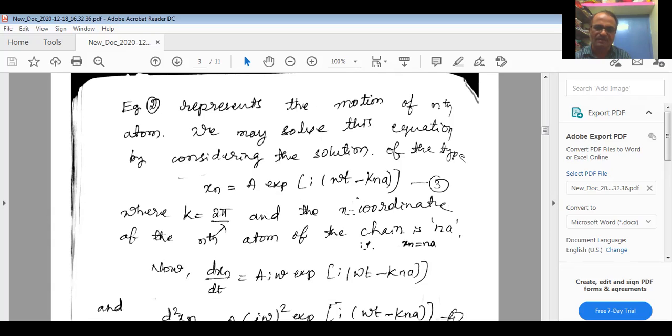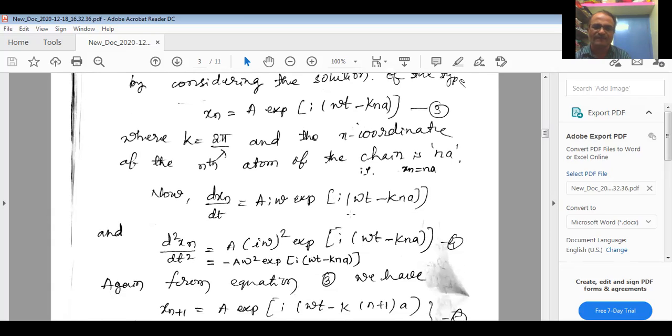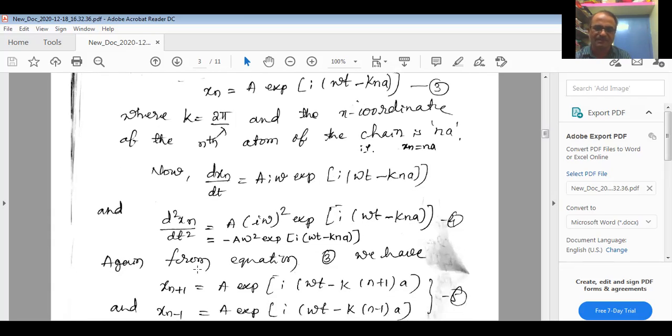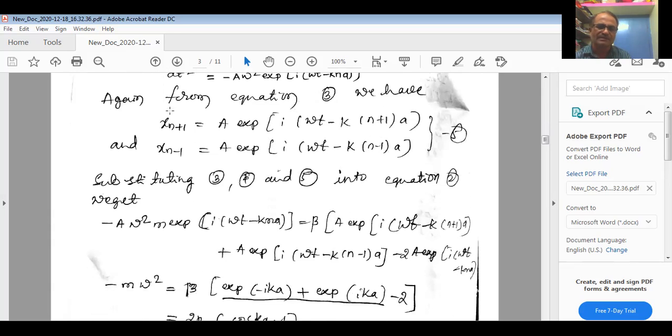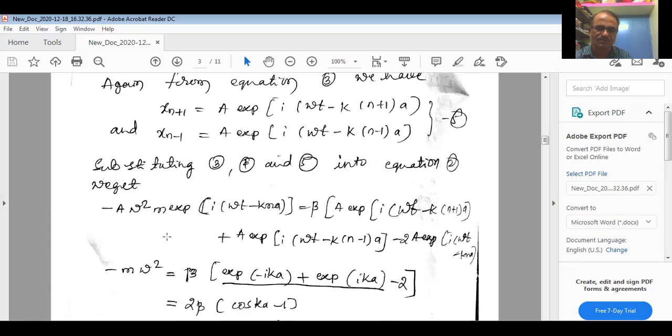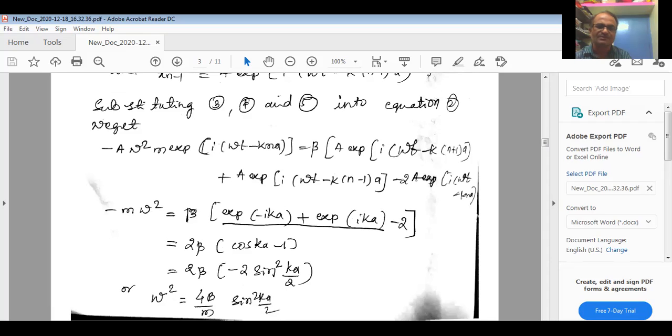All the values are available here. xn is there, d square xn by dt square is there, and these two, xn plus 1 and xn minus 1, are there. Substitute all the values in equation 2. Equation 2 comes like this after substituting all the values.